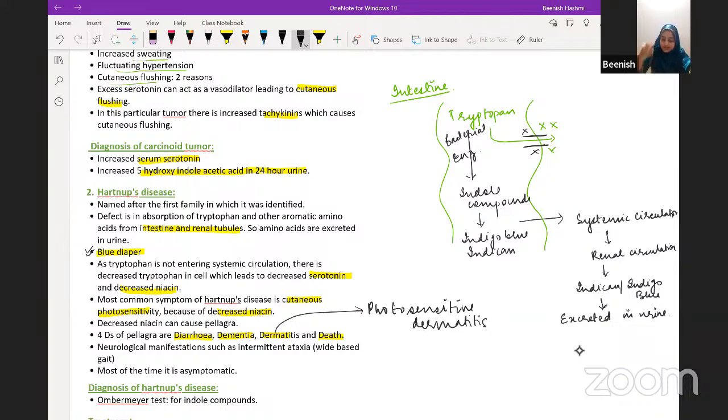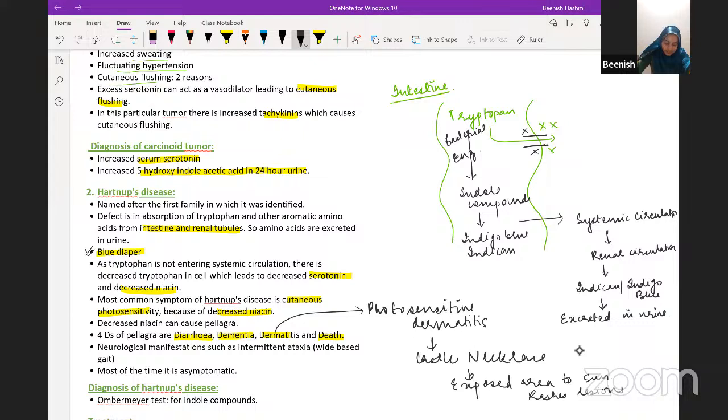Therefore, it is known as Casal's necklace. So the exposed area to sun develops rashes and lesions.